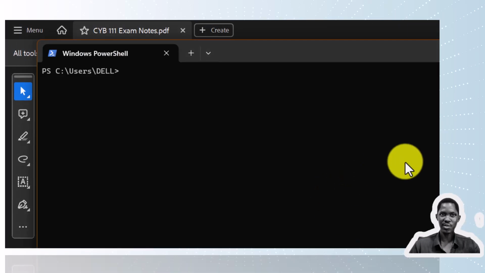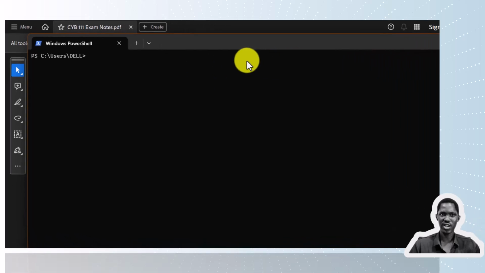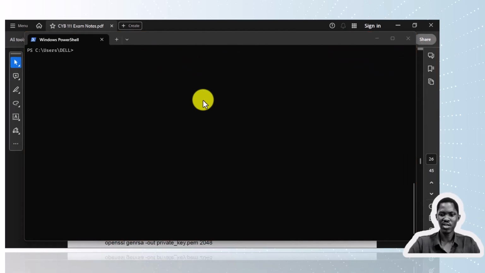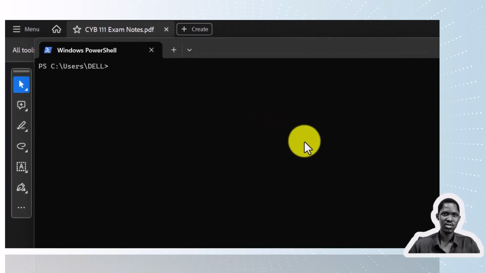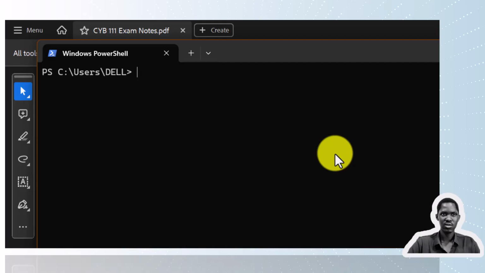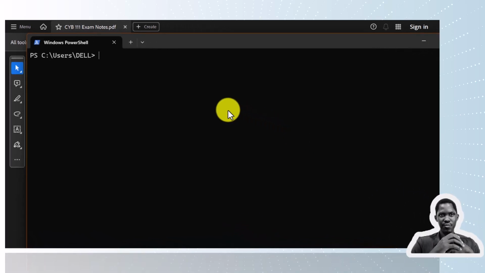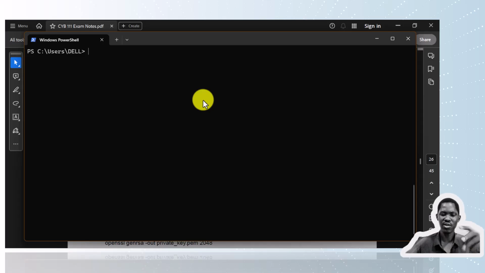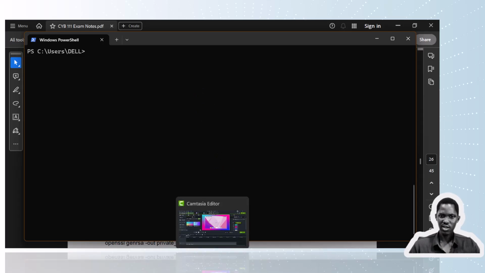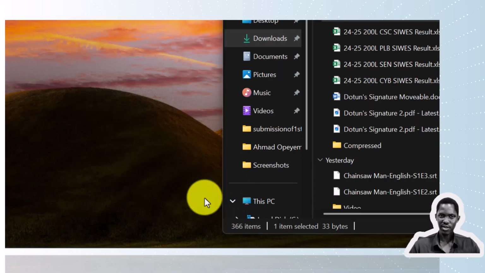I'm opening my terminal. I hope you can see it. Let me try to make it a bit big. Okay, it's big enough. So now, I've created files on my system.